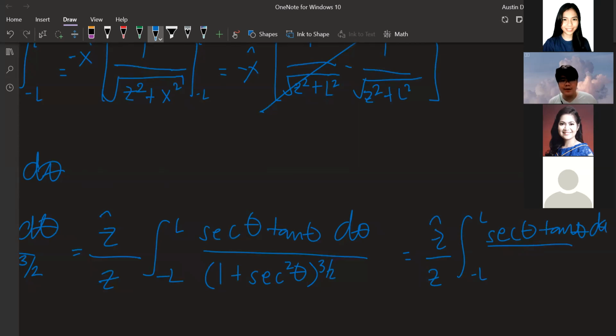Tangent squared, tapos 3/2, so we have tangent cube.